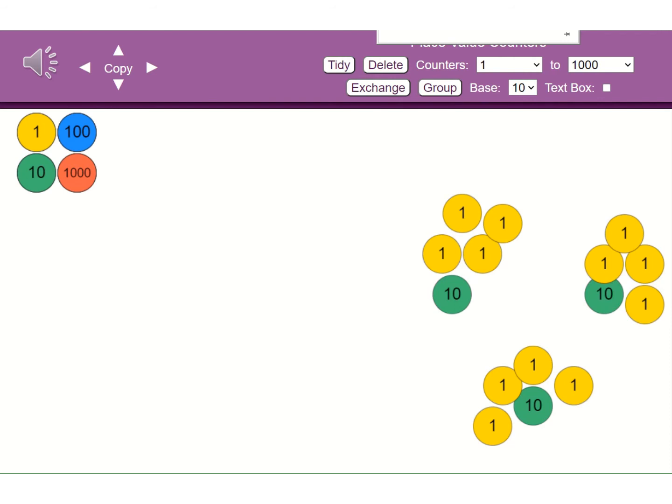Here you can see that I'm using the same website as yesterday. What I did first was to arrange my number 42 with 4 tens and 2 ones. I then divide the tens into 3 equal groups. This leaves me with a 10, which I can't share out, and 2 ones.